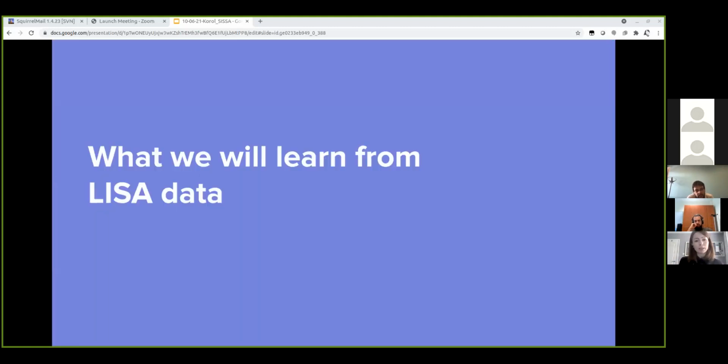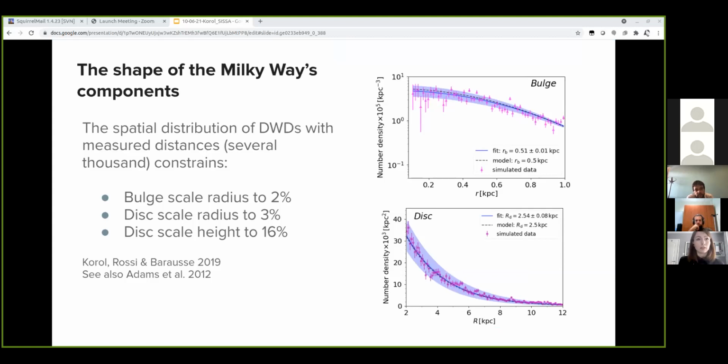So now let me show you what we will learn from the LISA data. In this first study, I've generated a mock LISA catalog using smooth analytical functions to assign positions to the binaries. Specifically, I used an exponential disk and a spherical bulge.